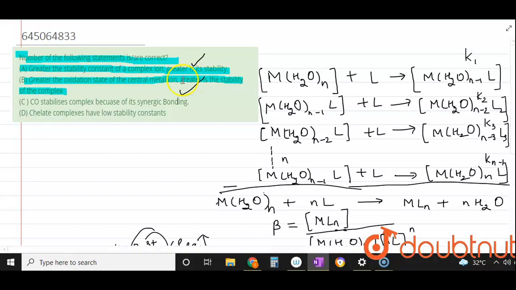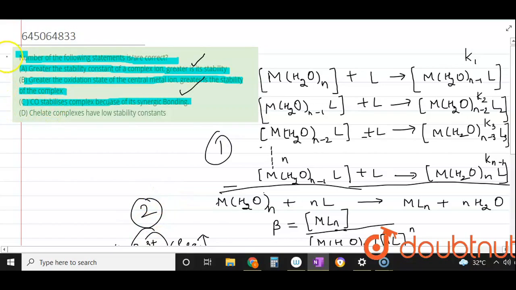Now the third statement is saying CO stabilizes the complex because of the synergic bonding. CO means carbon monoxide. So the first two statements were for the first explanation and the second explanation.